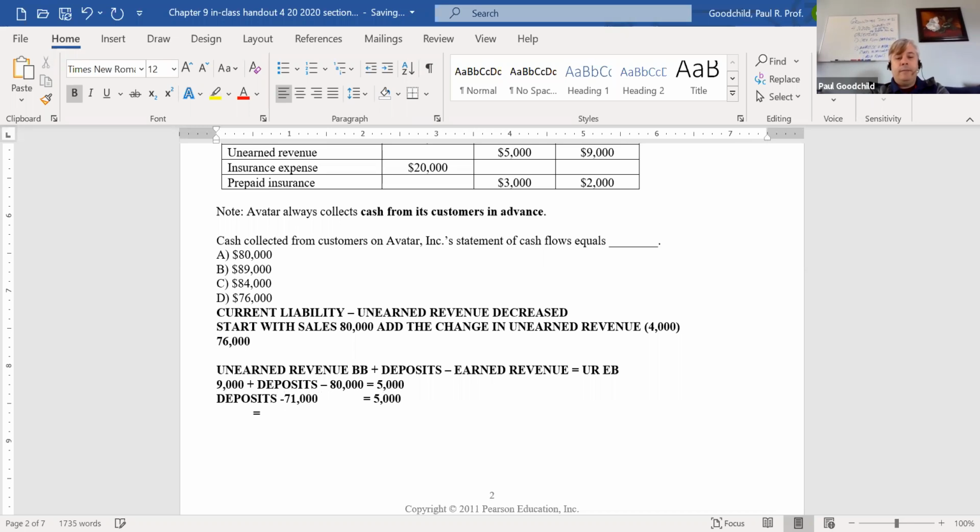We add 71,000 to both sides, and we get deposits equal 76,000. Any questions?